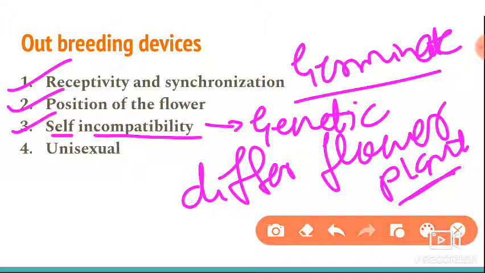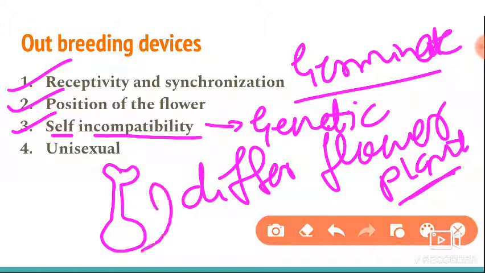Either they prevent pollen germination only, or the pollen grains germinate but the pollen tube growth is prevented. Here, if you take the female reproductive part, this is the anther. These are the pollen grains.